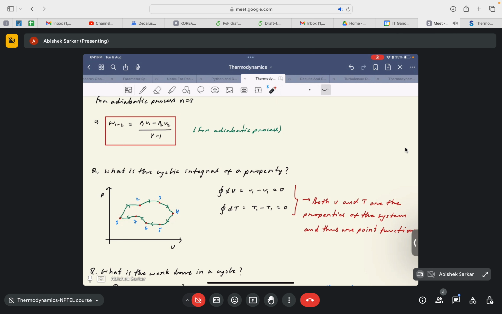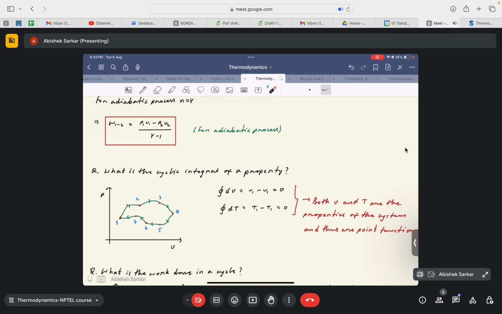Since the initial and final points are the same, and the value of these properties depends only upon the state points in the PV plot, we have V1 minus V1 equal to 0. Similarly, T1 minus T1 equal to 0. So the cyclic integral of a property of the system is 0 in thermodynamics.